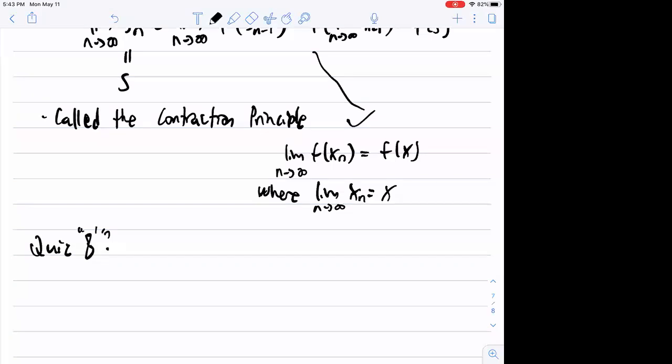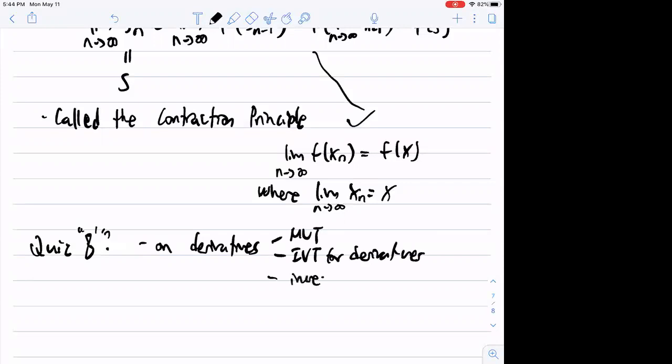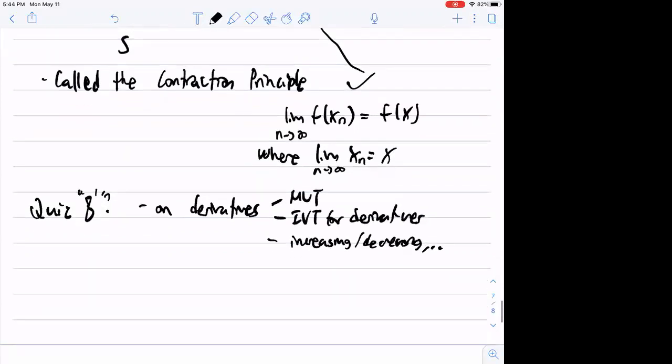For quiz 8, it's just going to be on derivatives, particularly the thing I'm going over today. So MVT, IVT for derivatives, what it means to be increasing, like f prime bigger than 0 means you're increasing.